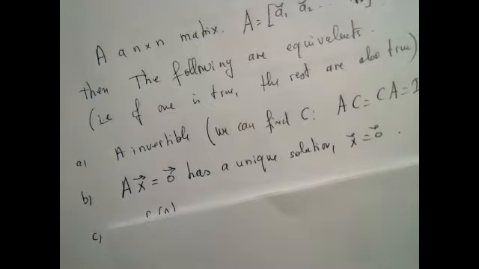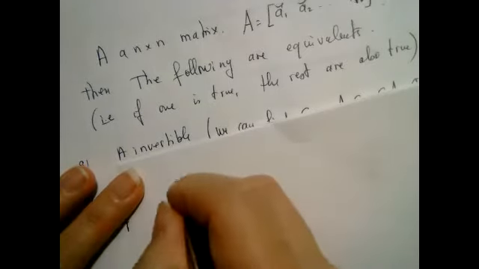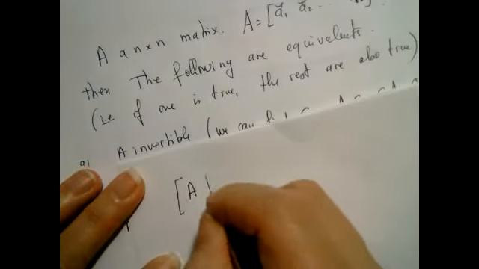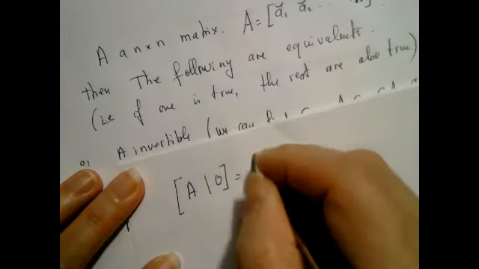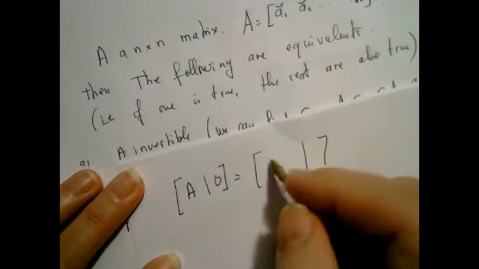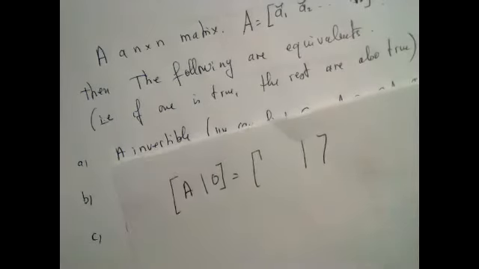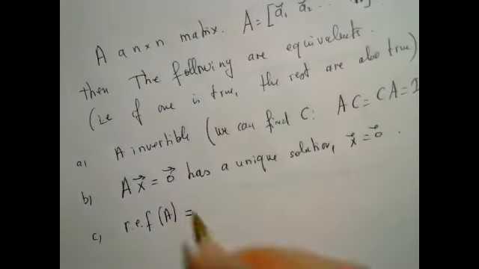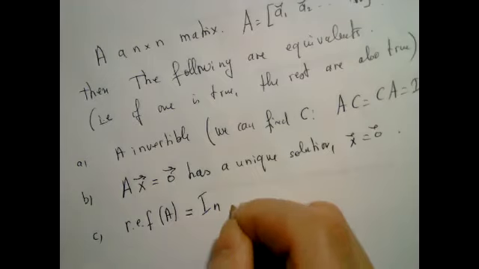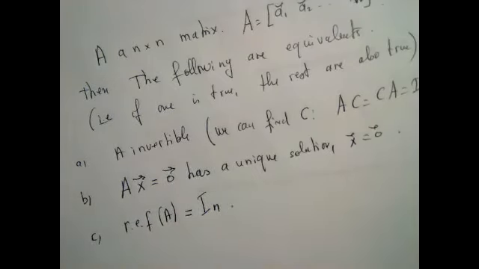So this is my A. Always imagine the picture. When I solve, I get one solution. It means I need to have a pivot. The unique solution means there is a pivot in every row. It is the identity. Okay, we keep going.